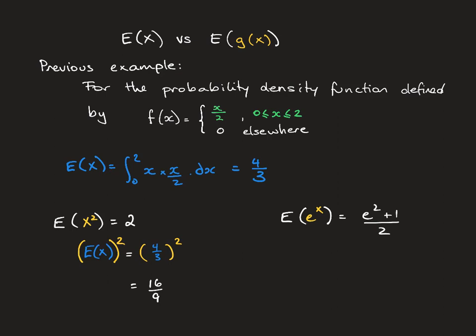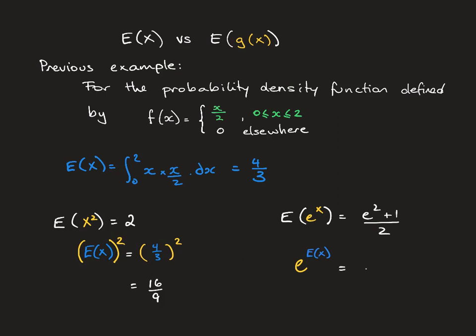Let's have a go at putting our E of X in as our x value into our function e of x. It's a lot of e's and e's of x's, but anyway, bear with me. So we're going to take the function e, and where the x was, we're going to replace that x with the expected value of x and see what that gives us.